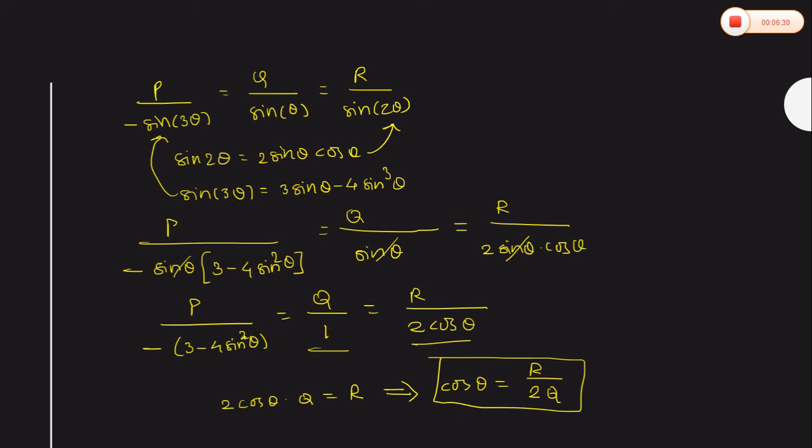Now I will consider first ratio and second ratio, and using these two ratios I will find the value of sine square theta. The first ratio is P upon minus (3 minus 4 sine square theta) is equal to Q. This minus sign transfers to this side, and therefore this can be written as P is equal to minus Q into (3 minus 4 sine square theta).